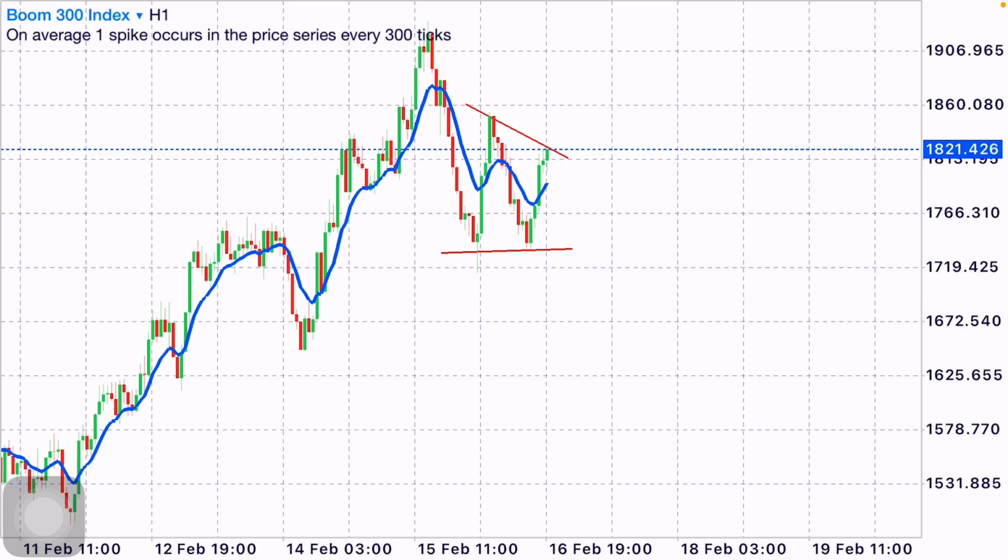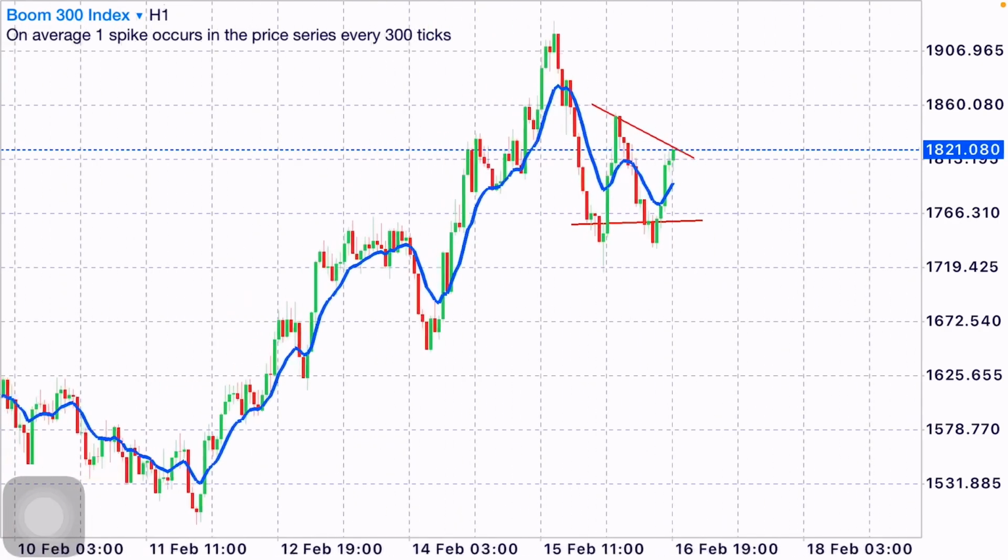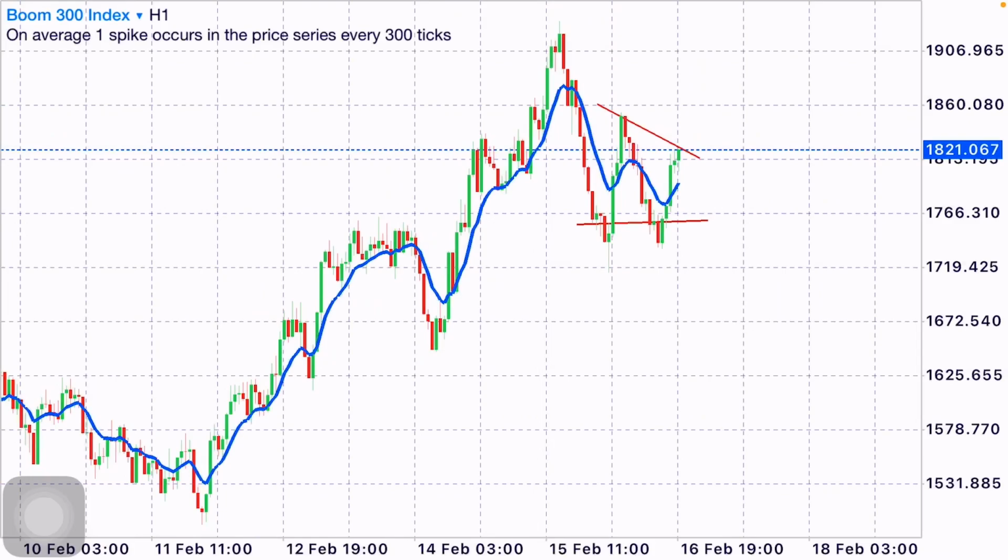But if it comes down to cross this trend line down here, or you can put your trend line here like this, if it crosses this place, the trend line is up here, and the moving average does its work by crossing that very candle and facing down, you will know that it's a sell market.